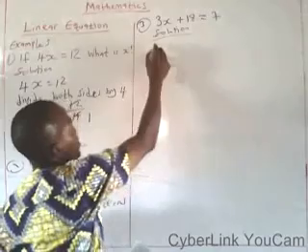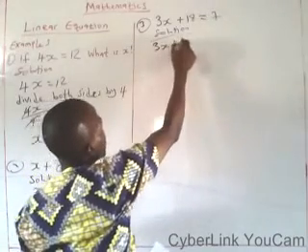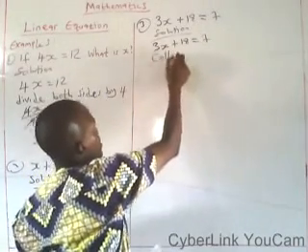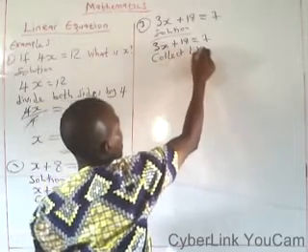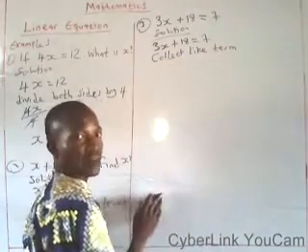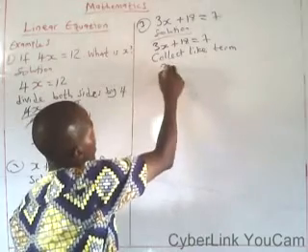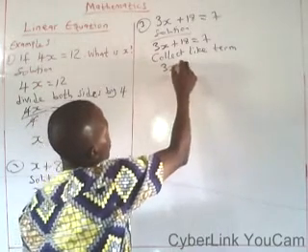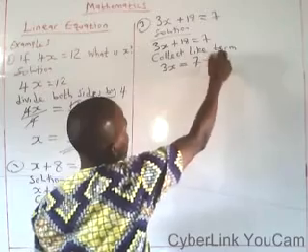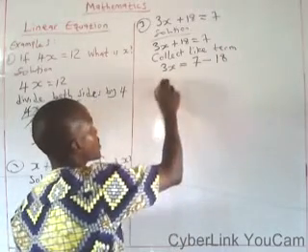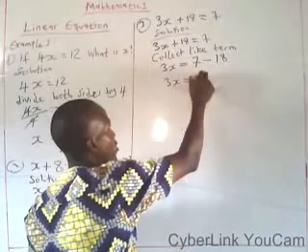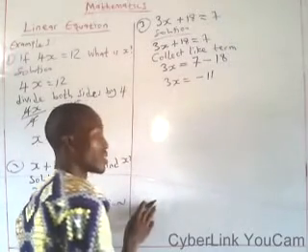And that step is, when you have 3x plus 18 is equal to 7, you are going to collect like terms as well. When you collect your like terms, you will have 3x equals to 7 minus 18. 3x will now equal what? Minus 11.